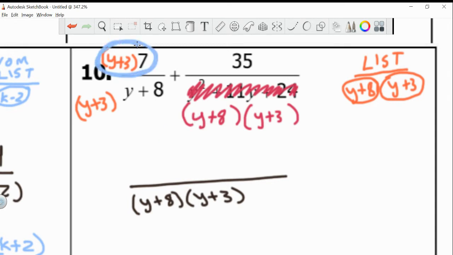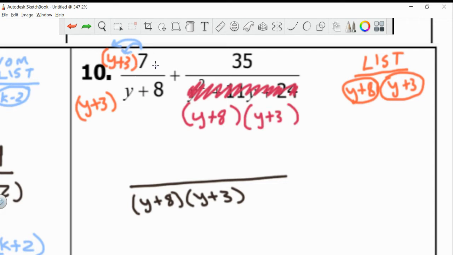This piece in particular is a bit tricky, okay? It's a y plus 3 times 7. And what we need to do here is distribute the 7, okay? It probably would have been more obvious if I wrote the y plus 3 on this side, because normally we see this piece going into the right. But even though the 7's on the left, this is multiplication. Now, this is where you have to be very careful and consider, do you want to do this in your head?